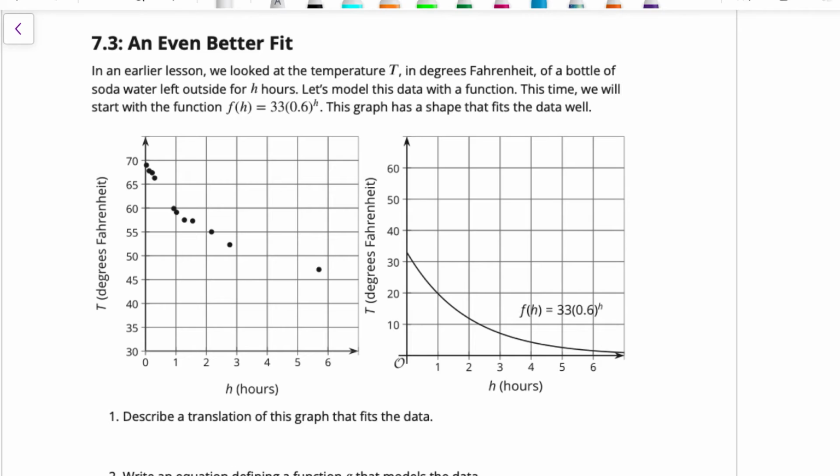Well, if you look here, we have a starting value around 0.33, not 33. And this point is around maybe 0.68. So we might need to shift up, what would that be, 35 units.